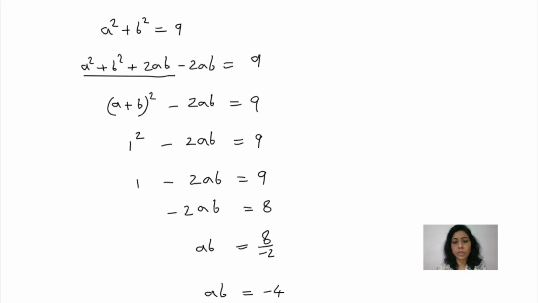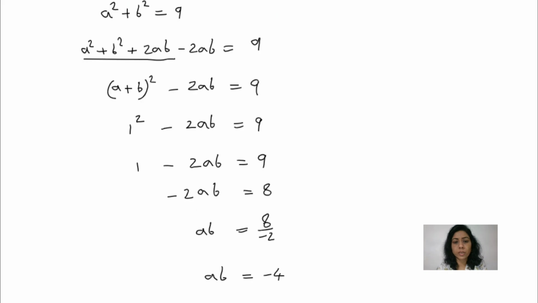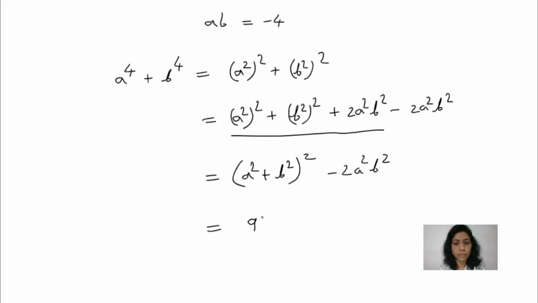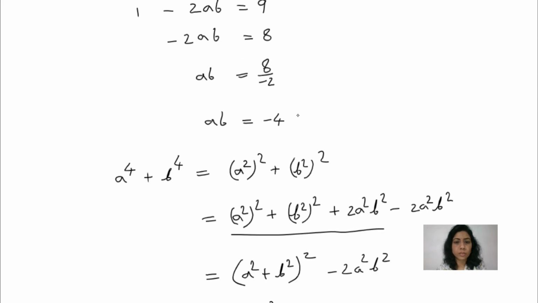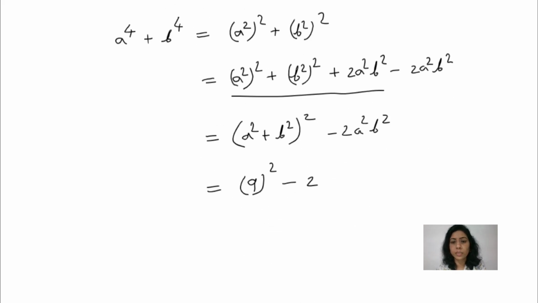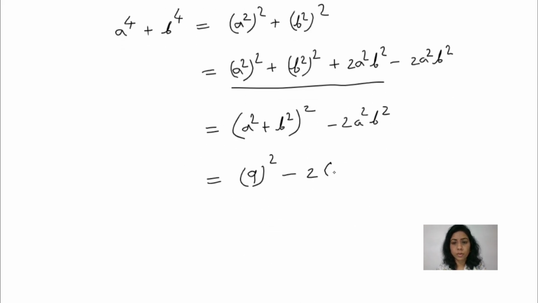We can put here 9 square, minus 2 times a square b square, or we can write ab whole square. So what is the ab value? This one, minus 4. So minus 4 square.